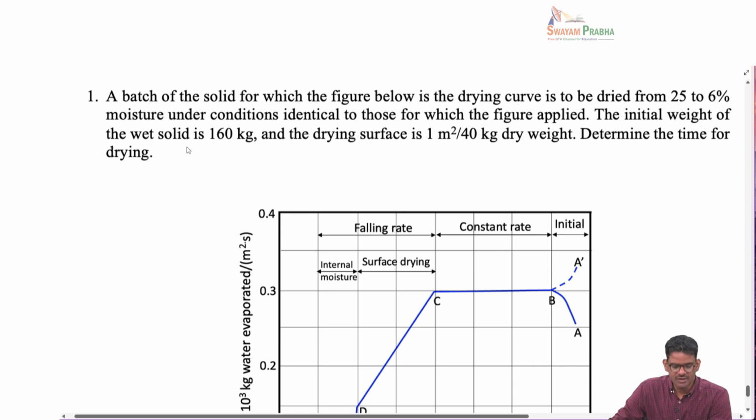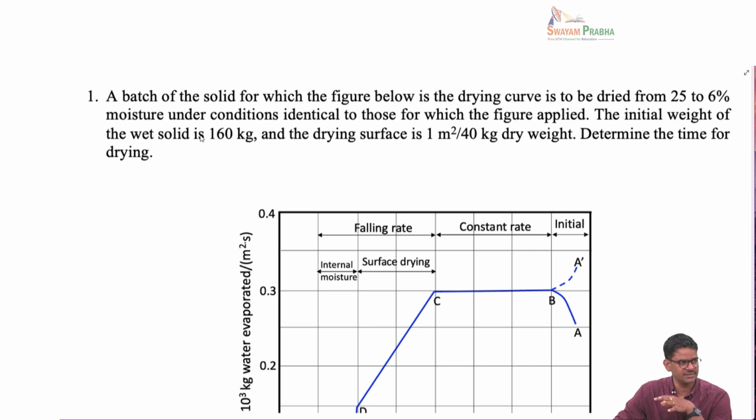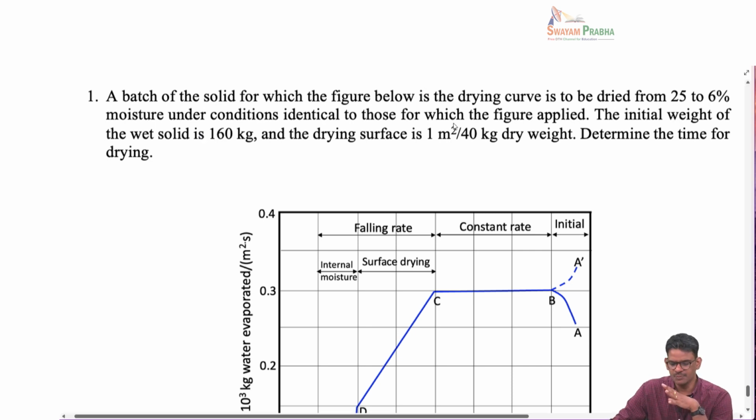One of the important things to be very careful about in drying problems is whether the basis is the dry solid or the wet solid. With regard to moisture and with regard to area, you always have to be careful whether it is per unit of dry weight or wet solid. These are all very important things to remember.